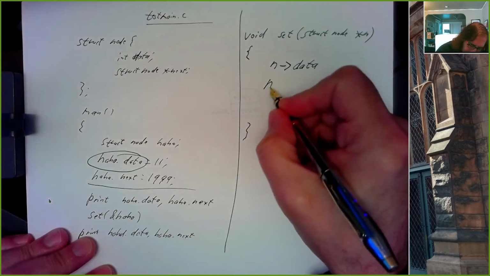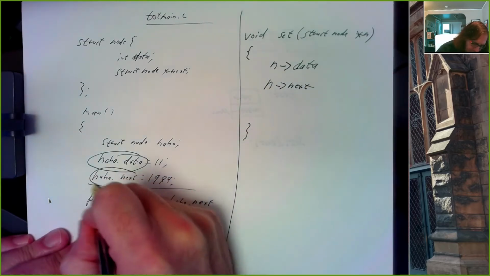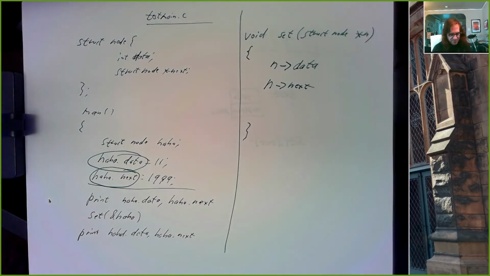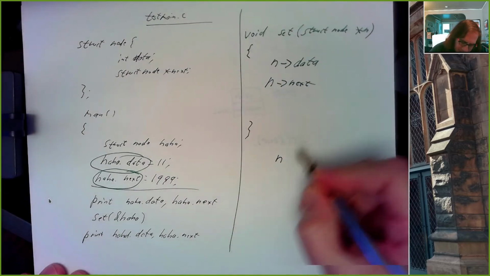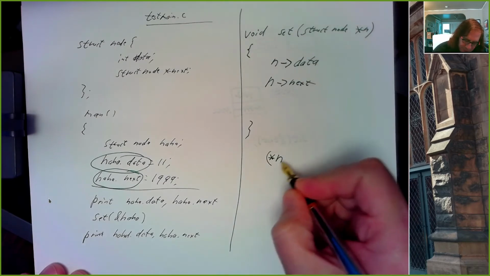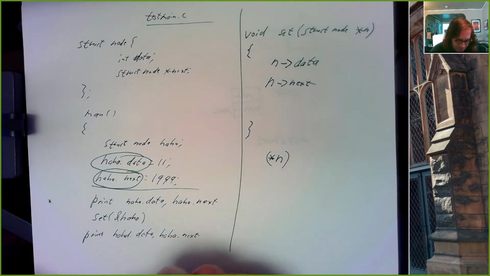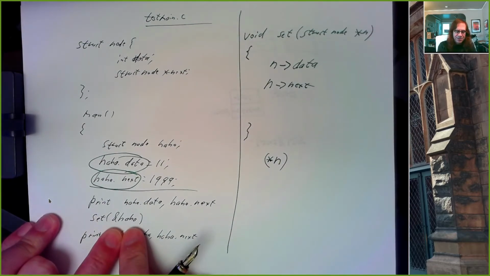And if I say n arrow next, that's going to give me this value. And here's the cool thing: because we're using a pointer to a node, this actually says, take the number that's given to us, look at what's at that address. The number that's given to us is the address of haha over here in main.